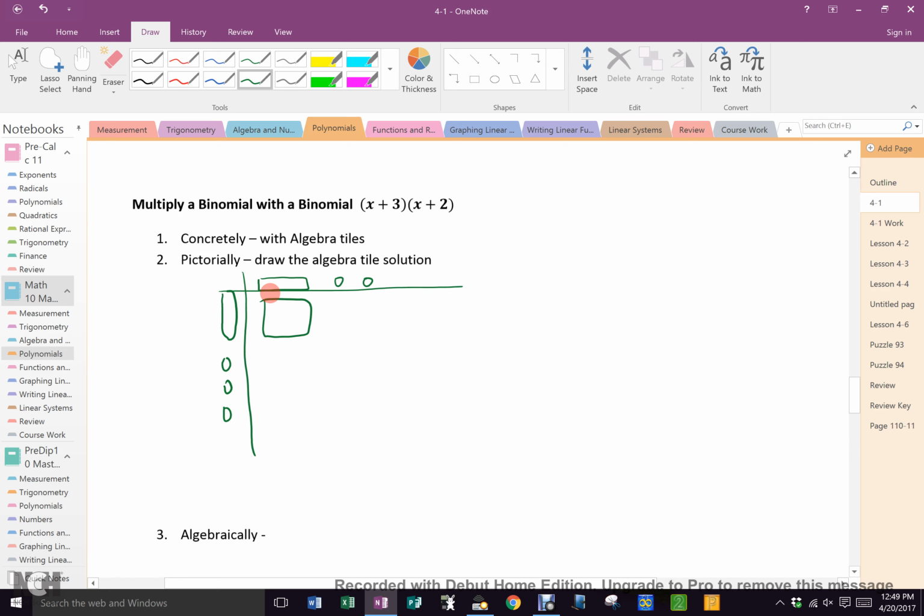Big X. Then I'm going to get this bar and this bar. Then I'm going to get this bar and this bar and this bar. Then I'm going to get 1, 2, 3, 4, 5, 6, aren't I? Because 1, 1, 2, 2. What is my answer? Answer lives in the middle just like it always does. What is it? X squared plus 5x plus 6. Right?